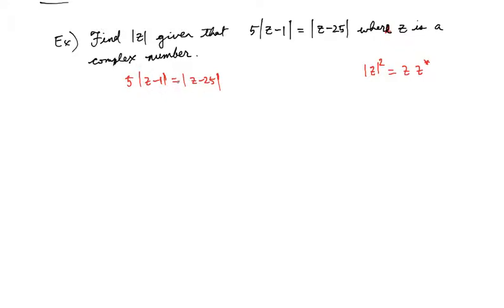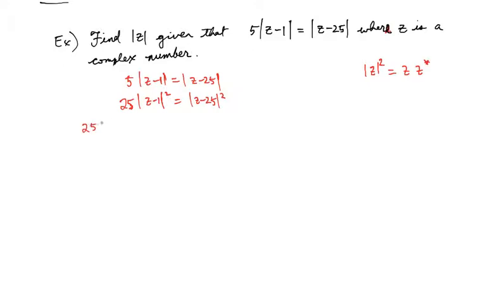So what can I do here to get rid of this now? I pretty much have these two separately, so I need to square both sides. If I square both sides, this is what I get: the modulus of z minus 25 squared. And now what happens to this term here?